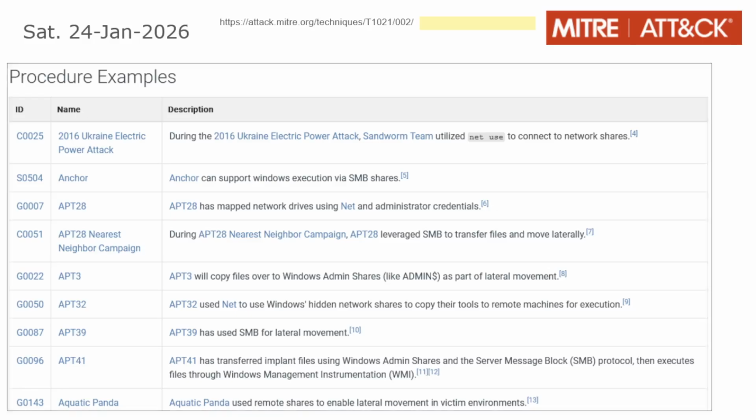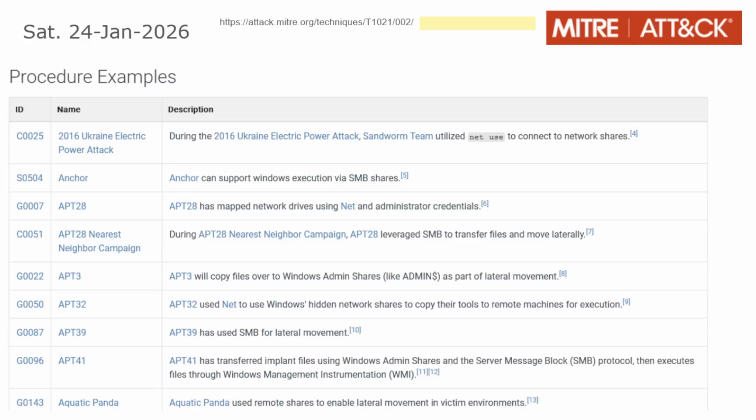So we have here again the electric power attack on Ukraine. We have seen that often. Anchor can support Windows execution via SMB shares. It's a software, as you can see. So then we have the group APT28 as mapped network drives using net and administrator credentials. Okay.